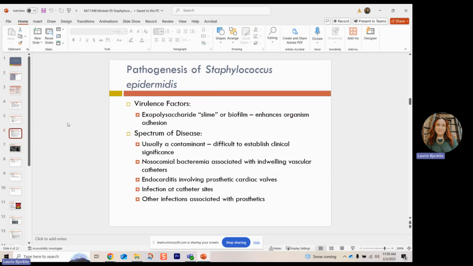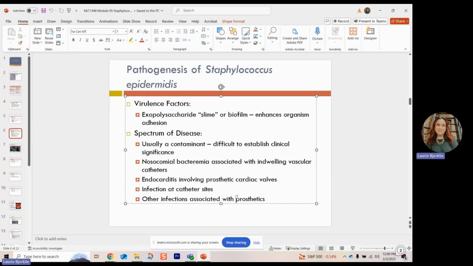So that's why, as we said before, Staph epi is pretty much a contaminant, but when it does cause infection, it's with medical devices, prosthetic devices. So you see a lot of that here: vascular catheters, cardiac valves, catheter sites, other prosthetics.